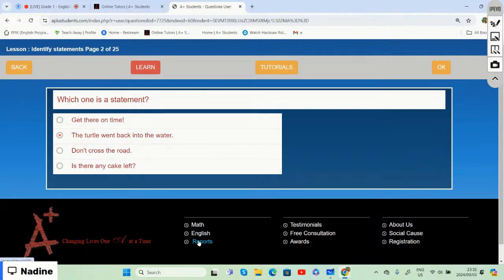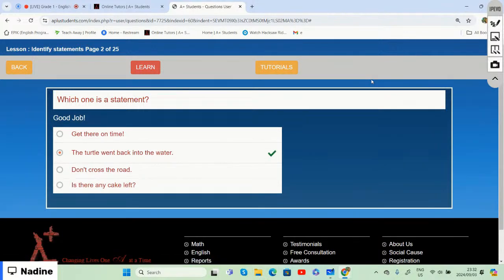Which one is a statement? Just telling us something random. If we were to choose the correct one, we would choose option two, the turtle went back into the water.